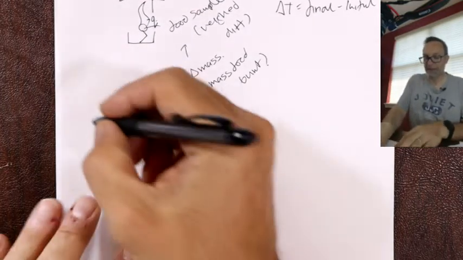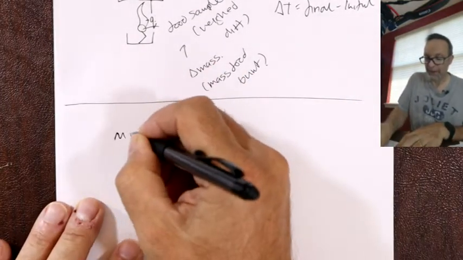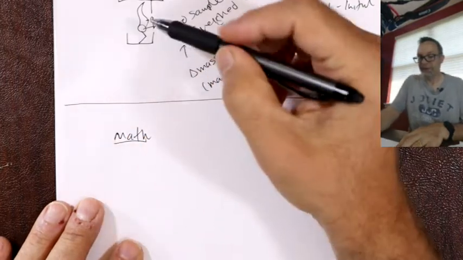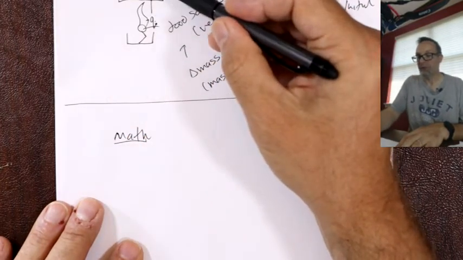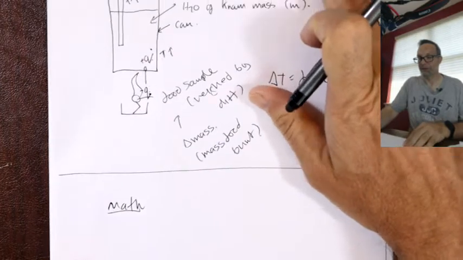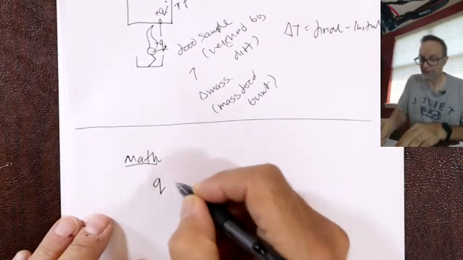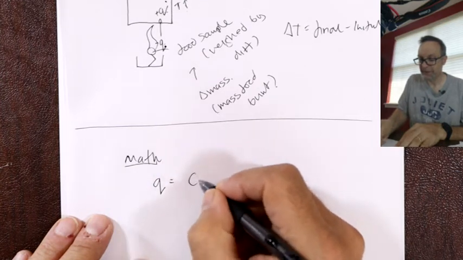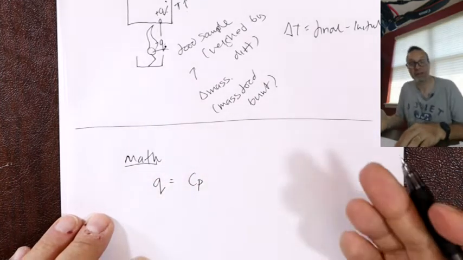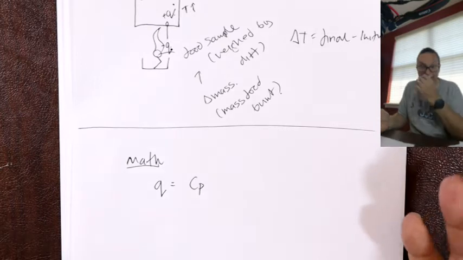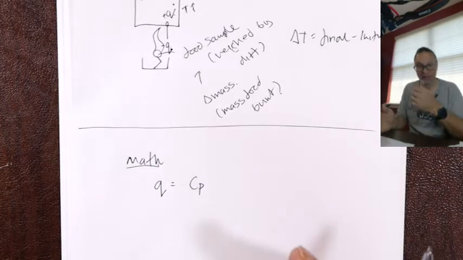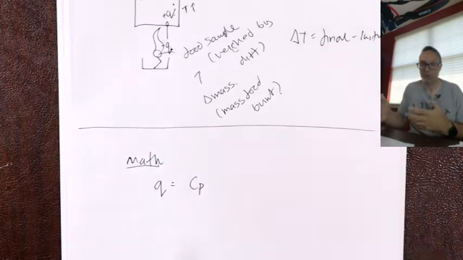So the math. The energy that goes into the water can be calculated. So the energy, Q, that goes into the water equals Cp, which is a conversion factor. It's like you go to Canada, there's an exchange rate between dollars and Canadian dollars, or Mexico, between pesos and dollars.